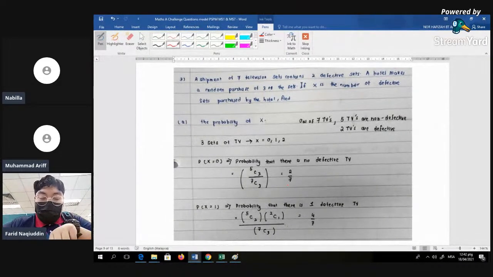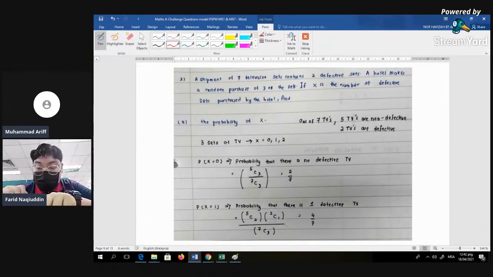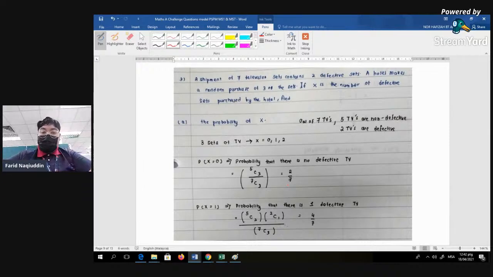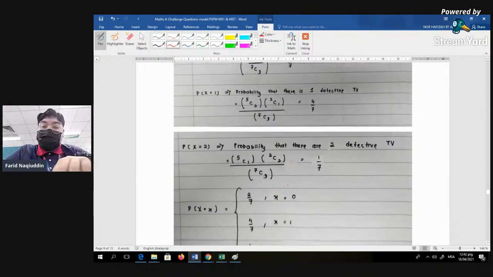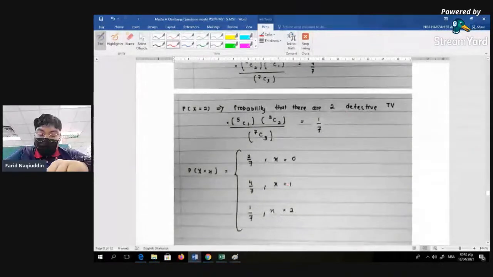Next, the probability X equals to 1 is the probability that there is one defective TV. So the solution is 5C2 multiplied by 2C1 and divided by 7C3, and we get 4/7. For the last step, probability X equals to 2 is the probability that there are 2 defective TVs.